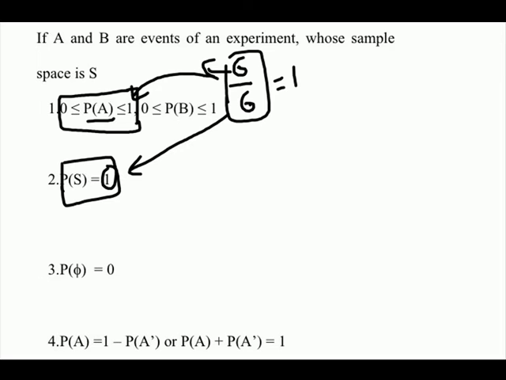So P(S) would be, for example, the probability of any event in the total sample space occurring divided by the number of events in the sample space. And as you can see, this should always be equal to 1, because essentially we're talking about the same number in the numerator as well as in the denominator.